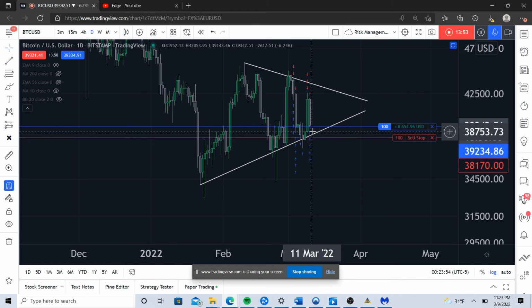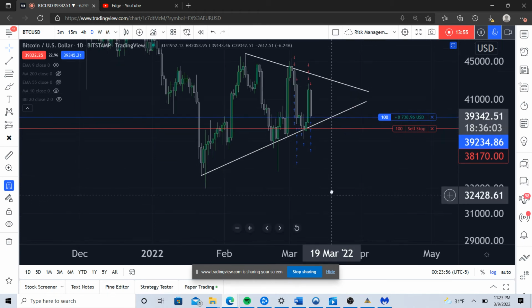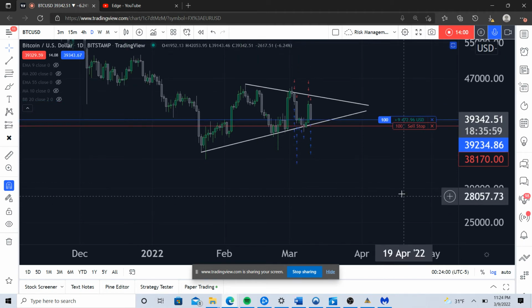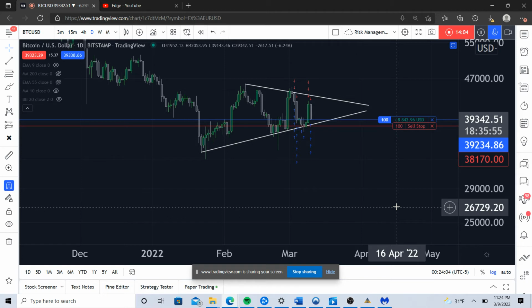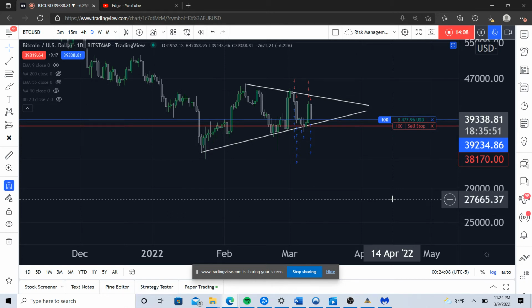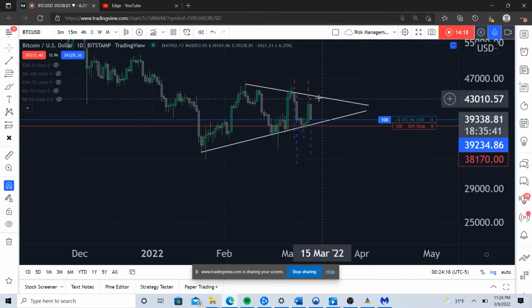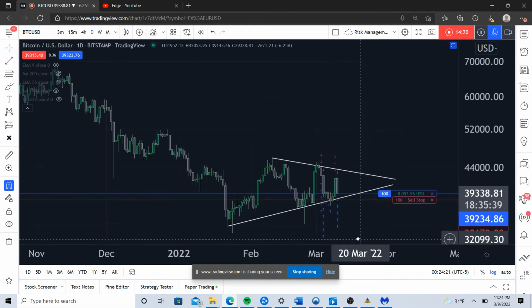Well, that takes us from 38K all the way down to 26K, essentially, more or less. On a percentage basis, it would be a little bit different, be up by 27, but you get the idea, right? I mean, how do you manage risk after that? It's just very difficult to do that.